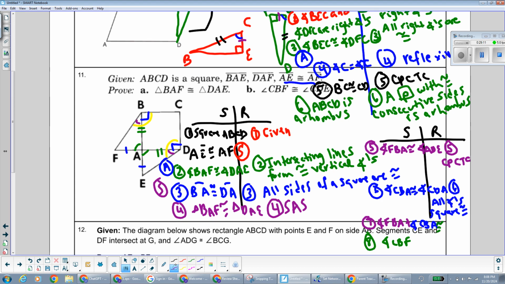And on the other side, we have angle ADE in purple plus angle CDA. That looks really messy.